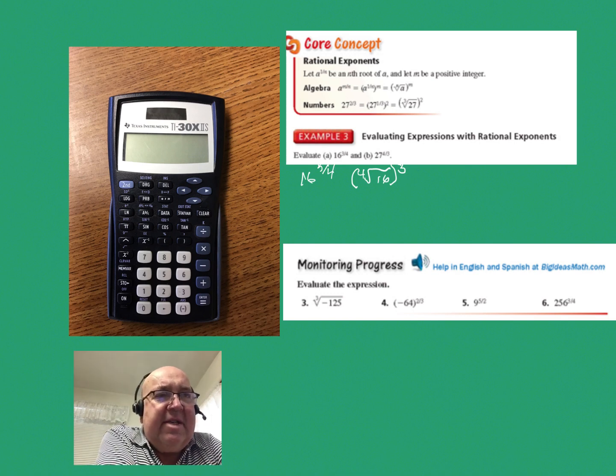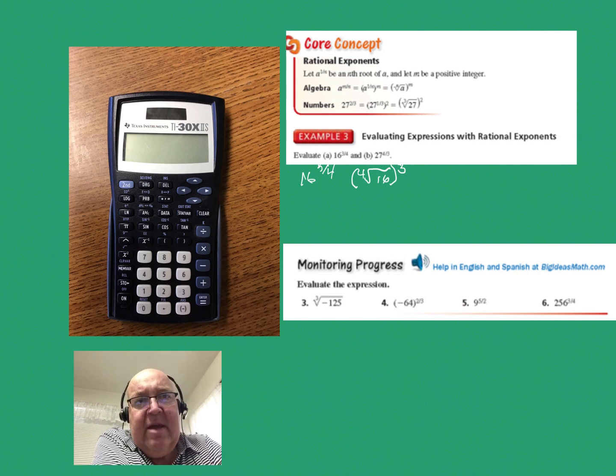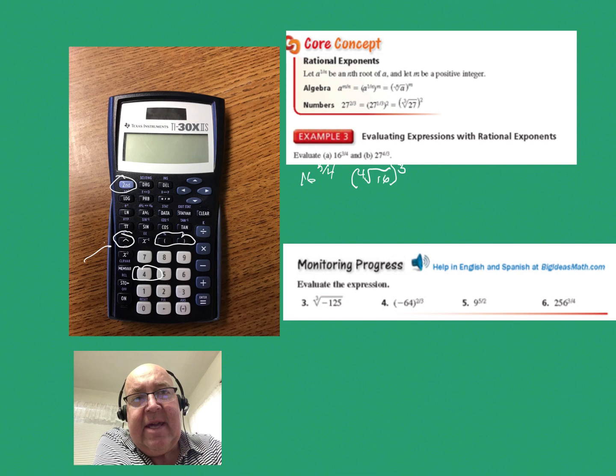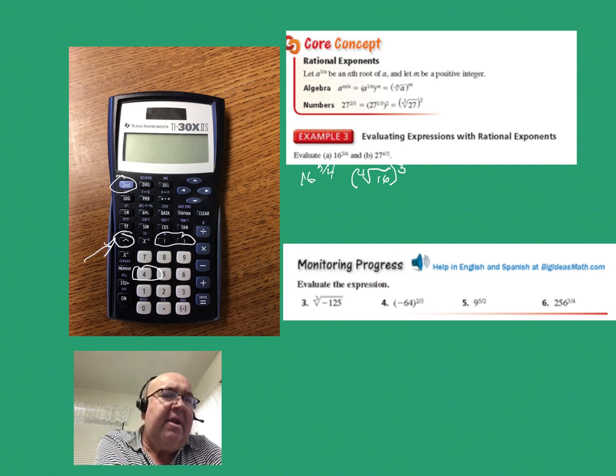So we can type this into the calculator exactly as it is. We can use the parenthesis signs. So we could go parenthesis, again 4, second function, that key there, 16, close our parenthesis, and then use this same key without the second function and put in 3.